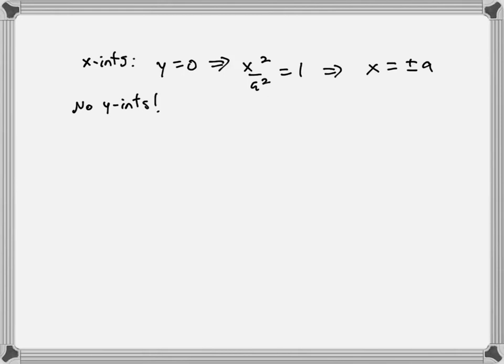Because remember, it has two branches. x is bigger than a or less than negative a. In other words, it can never be 0. So we've got our picture. Our picture actually looks something like that. And our foci actually lie inside this time.